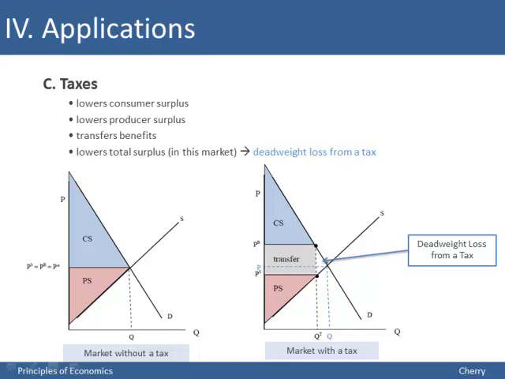That triangle part of the diagram is no longer welfare because the activity stops at Q superscript T. So there's no activity beyond there. So now the buyers and sellers beyond Q superscript T are no longer in the market. There's no activity, so there's no welfare at all in that little triangle.